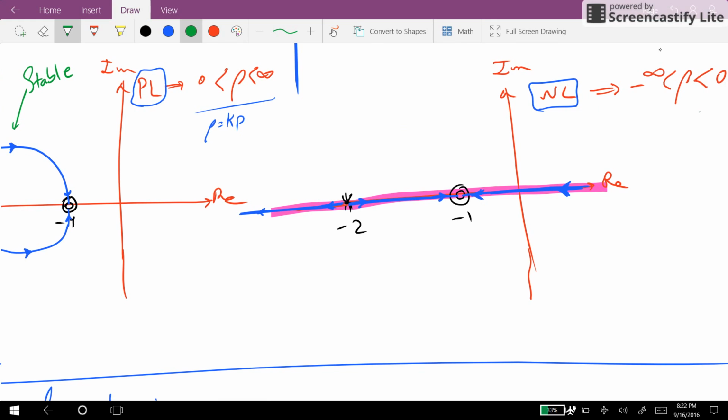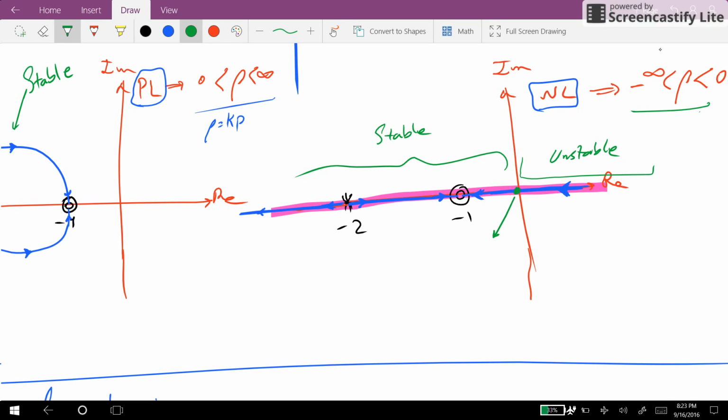However, for negative values of rho, our system sometimes becomes unstable, and for some values, it stays stable. So we need to find out the value at which our system changes stability.